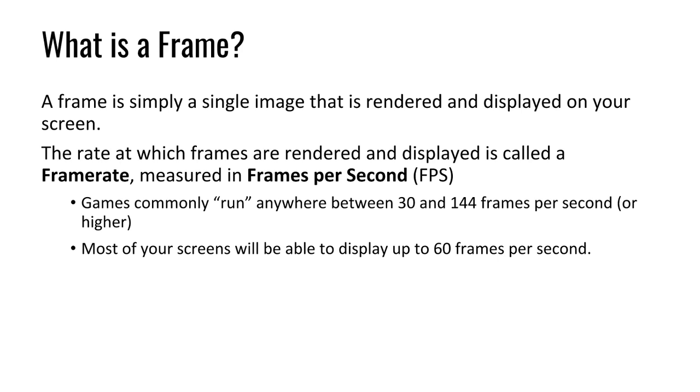Games render a lot of these frames in order to make the illusion of motion. Games will commonly run anywhere between 30 and 144 frames per second, and most of the time they're going to run at 60 or up. If you have an uncapped frame rate, then there's no real upper bound on how fast the game can run.